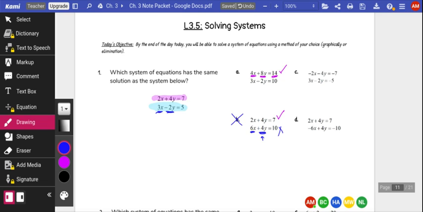Now let's look at the bottom equation. Was everything either multiplied by the same number or is it exactly the same? 3x and 3x, those are exactly the same. Negative 2y, and then 5, and, oh geez. Okay, so this one is not the same equation, so it's not my choice.